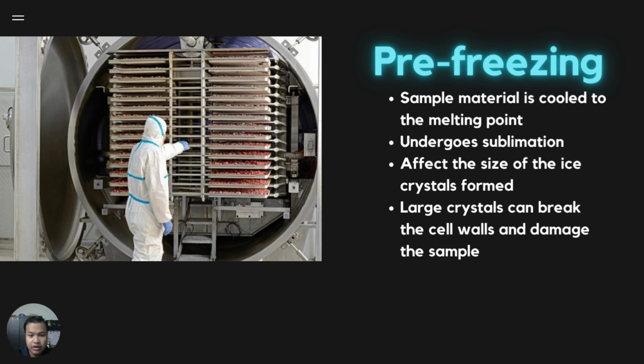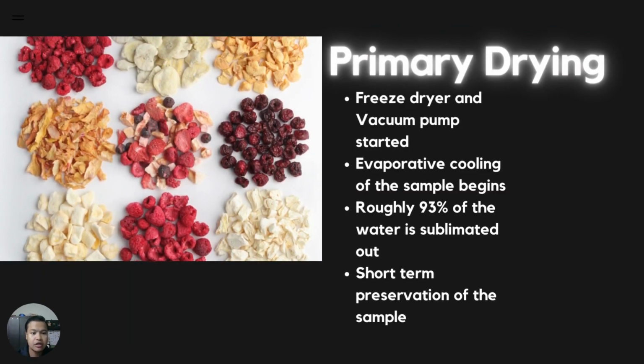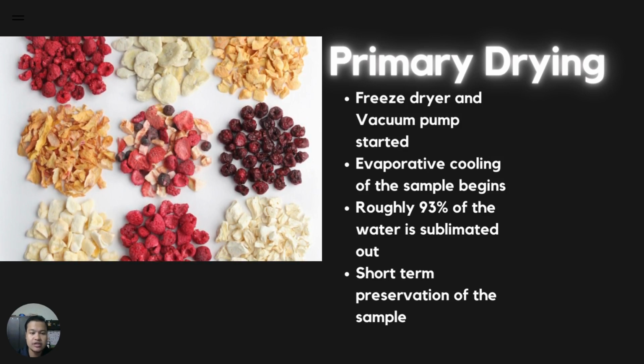And then, after the sublimation process has been undergone, the freeze dryer will proceed to the next step, which is primary drying. This process will only start when we turn on the freeze dryer and vacuum pump.